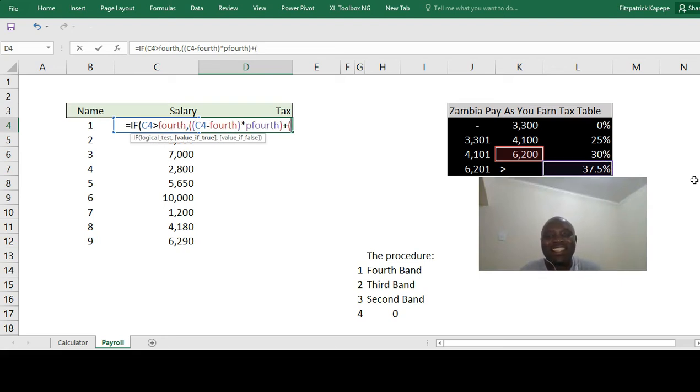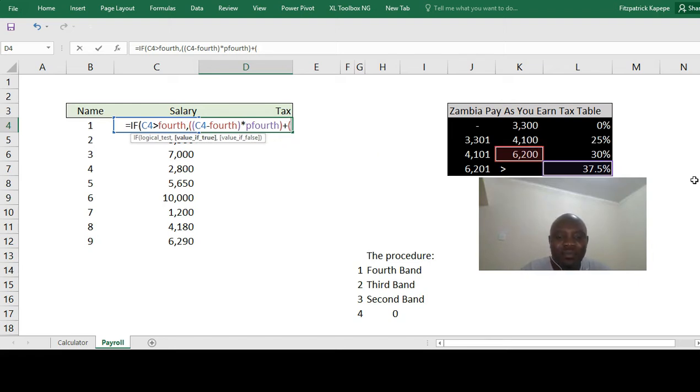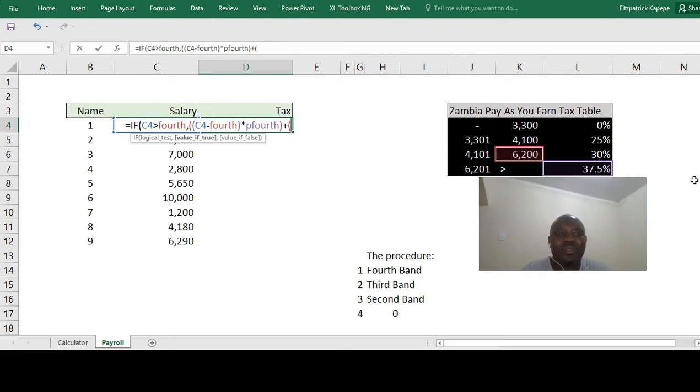We start cascading. So we are done with the fourth. We tick. We go to the third. Again, we are still on the same thing. So what do we add now?